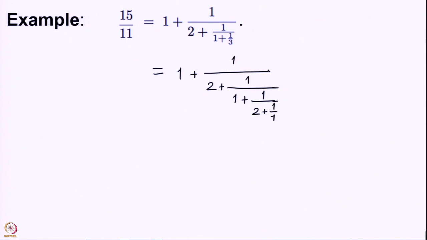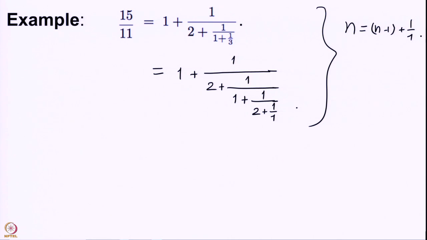So, we have some sort of non-uniqueness whenever rational numbers are involved, but the non-uniqueness only means that the last term n can also be written as n minus 1 plus 1 by 1. This is the only way by which we will have non-uniqueness for the continued fraction of rationals. Otherwise, it is essentially unique.